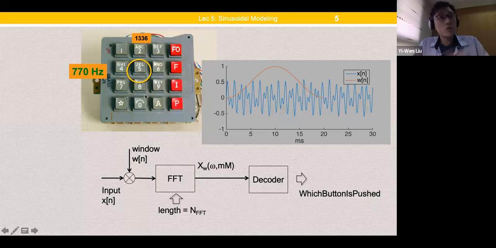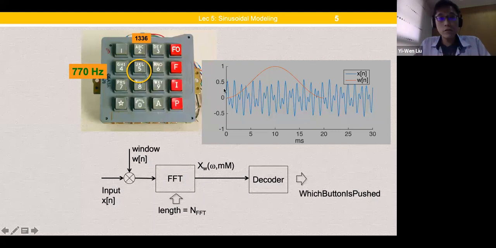Everything has to be communicated through the telephone line. These are sounds. When you press number 5, the sound of two sinusoids played together is transmitted through the telephone line to the router. So how does the router know which button has been pressed? Maybe over there, there's some DSP.